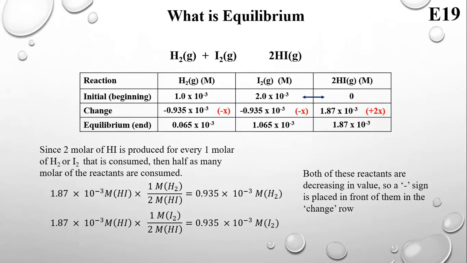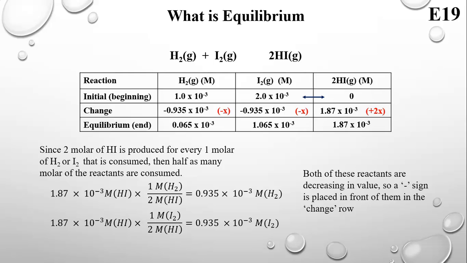Okay, and there it is. So if there's a 2 in front of the X for the HI column, for the product column, so it's a positive 2X, then in the H2 and I2 columns, the change should be negative X because they only have coefficients of 1 for H2 and I2.